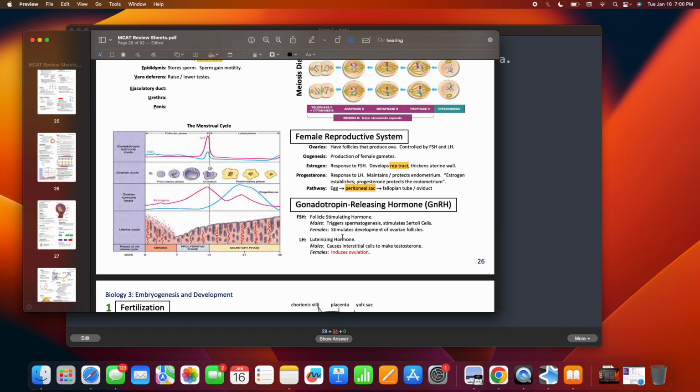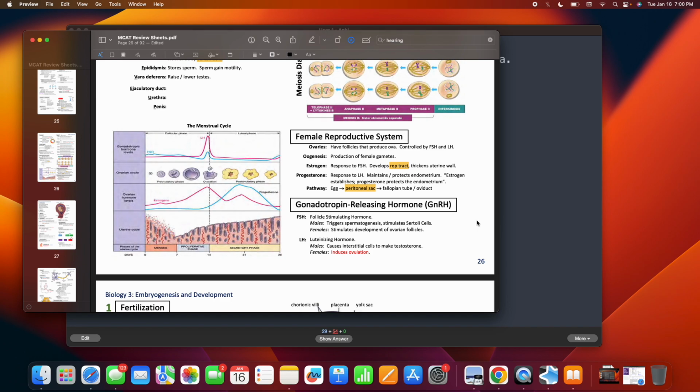LH is luteinizing hormone, and the luteal phase is called luteal because the LH affects it. Estrogen has a peak and another peak with the progesterone.